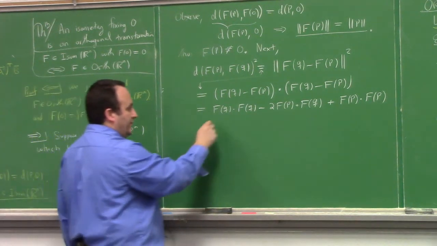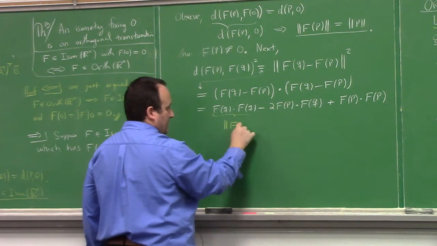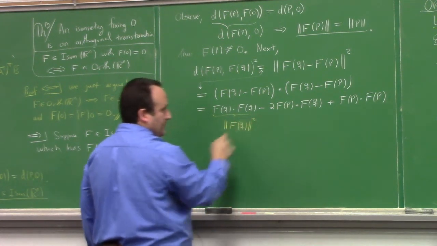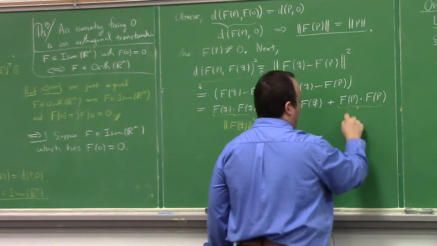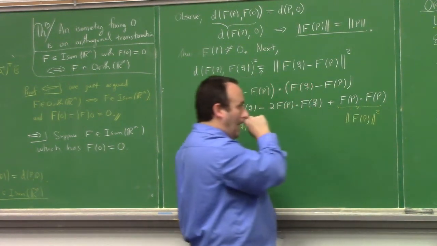This first term is the norm of f of q squared. This last term is the norm of f of p squared, right?